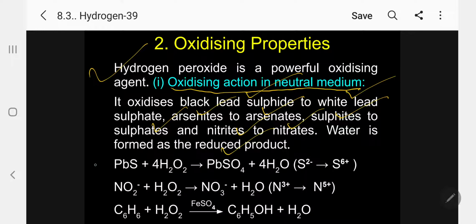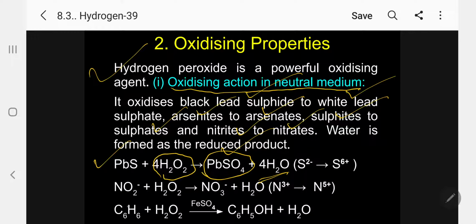Always. So let me take a first example. Lead sulfide in a neutral medium, that is hydrogen peroxide. So what is happening now is lead sulfide is getting oxidized to lead sulfate. Hydrogen peroxide undergoes reduction to water. Kindly follow. So it's an oxidizing agent.